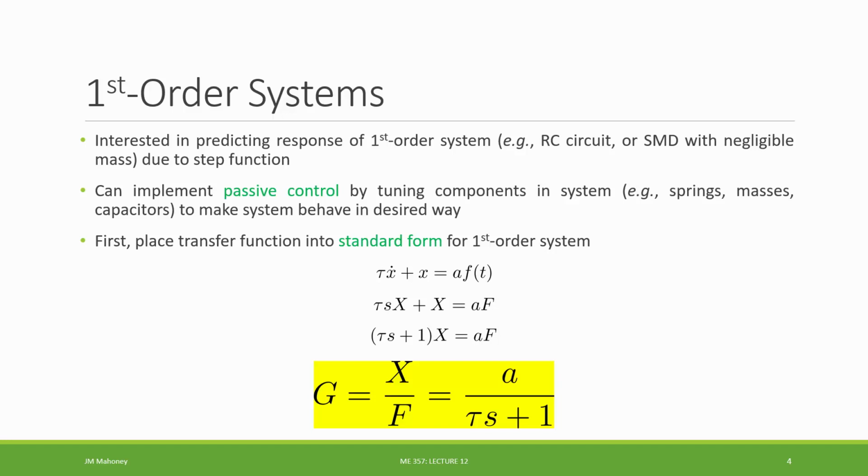Now, if we can express our transfer function in this form, specifically with tau s plus 1 in the denominator, and we might have to do some algebra to make sure that the constant term is 1 here, but if we can identify the a and the tau, well, we've already solved every problem that looks like this. Every first order ordinary differential equation with a step input, at least, we have solved.